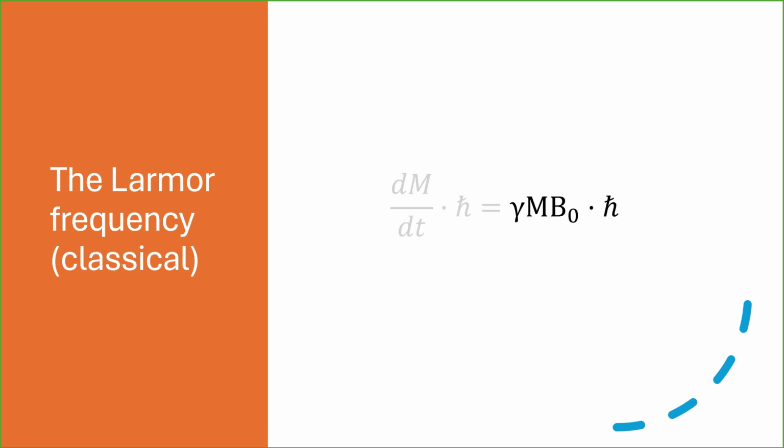Now that's also a classical way of calculating it, and you just take the Bloch equations in scalar form and then multiply Planck's reduced constant to both sides. As you can see, we're only concerned about the right side of the equation. We actually end up having the net magnetization vector times the gyromagnetic ratio times B naught times Planck's reduced constant.